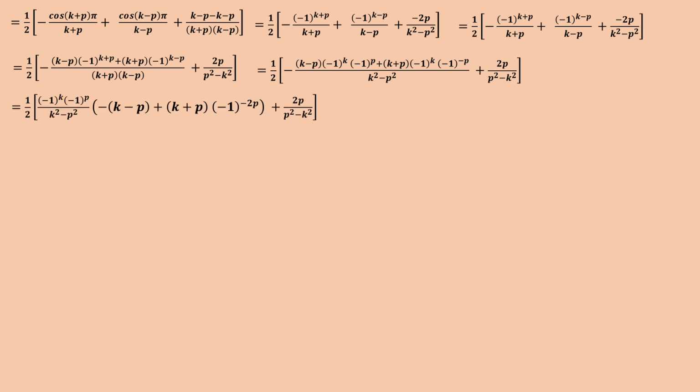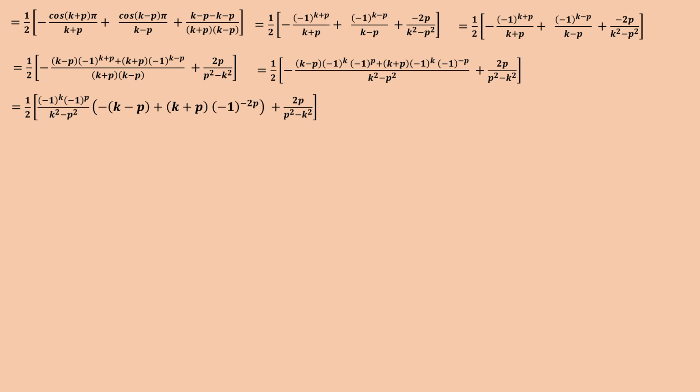So 1 by 2 into minus 1 power k into minus 1 power p divided by k square minus p square, take it outside from the first term. So remaining you are having minus k minus p plus k plus p into minus 1 power minus 2p, right? Because we are taking minus 1 power p in the second term, right, in the previous step, the numerator k plus p into minus 1 power k into minus 1 power minus p.